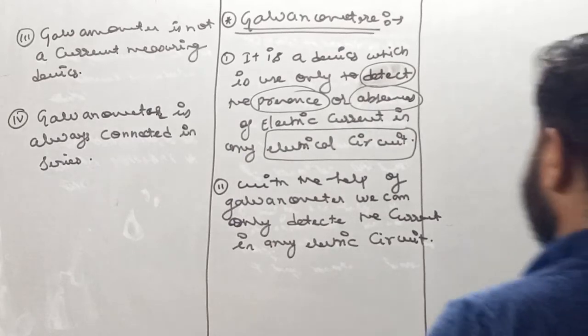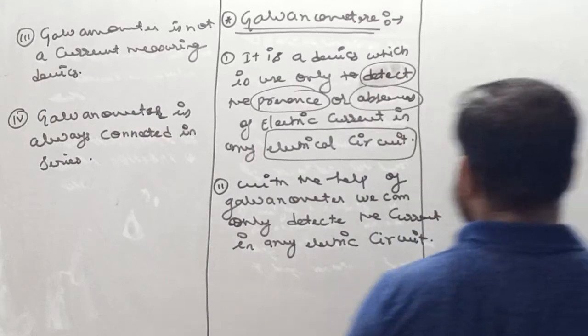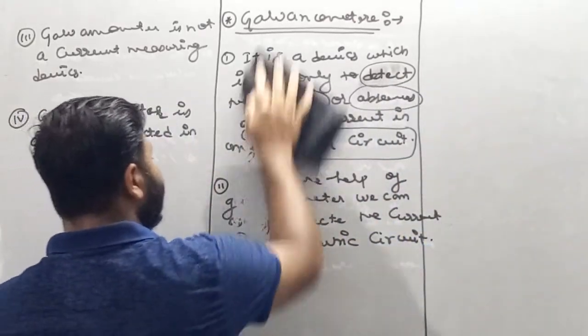So see my dear student, I am now discussing why galvanometer is not used as a current measuring device.